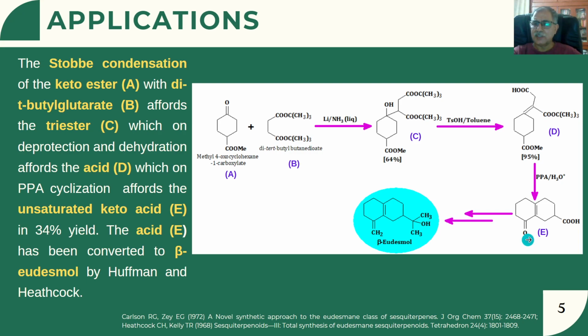The first reaction is the conversion of this keto group into this methylene group, and then reduction of this carboxylic acid derivative to this type of tertiary alcohol. This can be achieved through Grignard reaction.